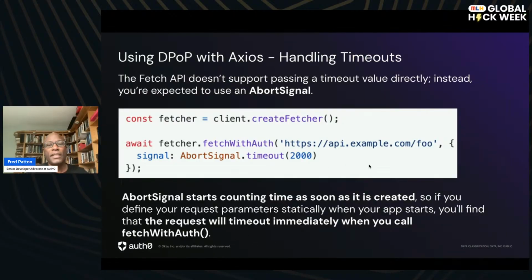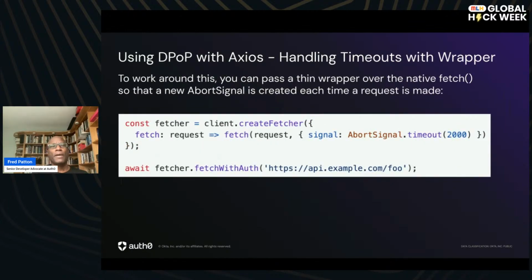And so it's just going to immediately time out when you go forward. So for that, we can work around it by just adding a thin wrapper. So here, when we're creating the fetcher, we're specifying fetch here. And so now this is just going to be like the callback. So it won't have already run. And then when you run it later, it will operate as usual.